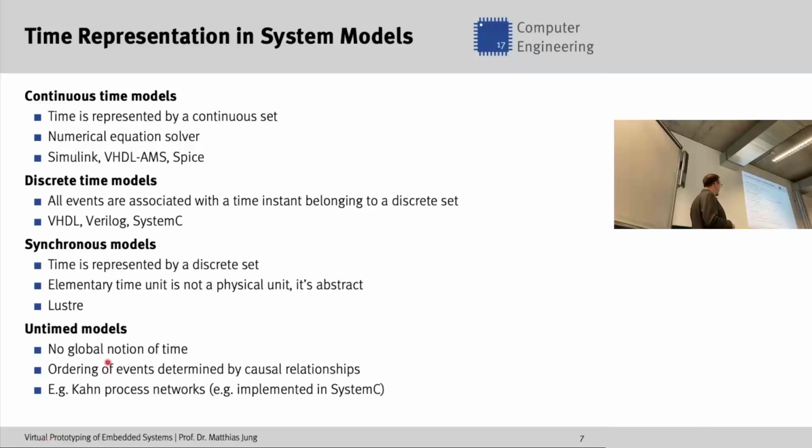So the ordering of the events is more important than the actual timing. A specific untimed model would be a Kahn process network. Who has heard about Kahn process networks before? Okay, cool. Then I will probably show it to you already today.